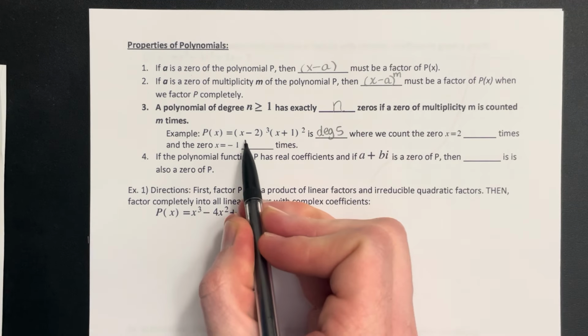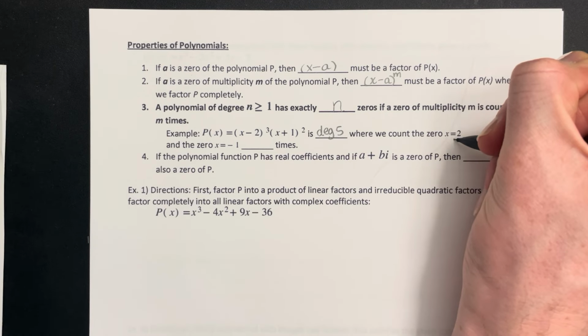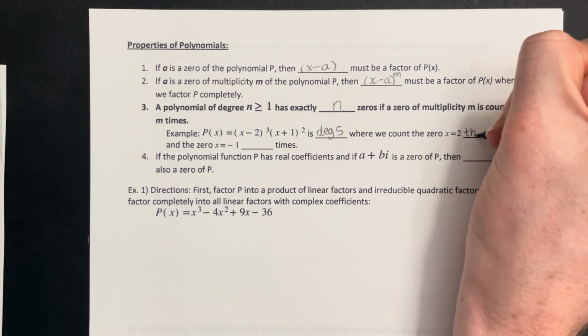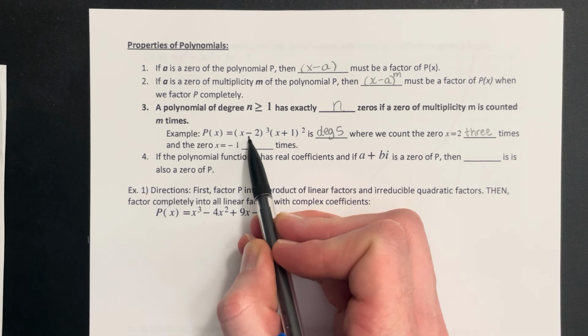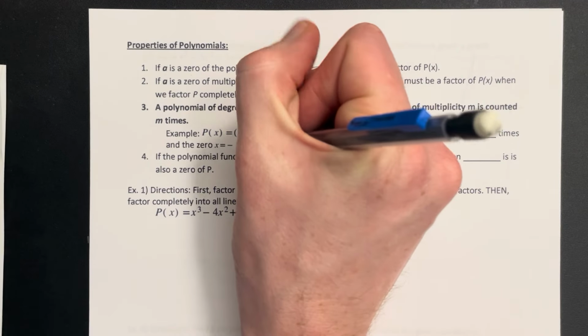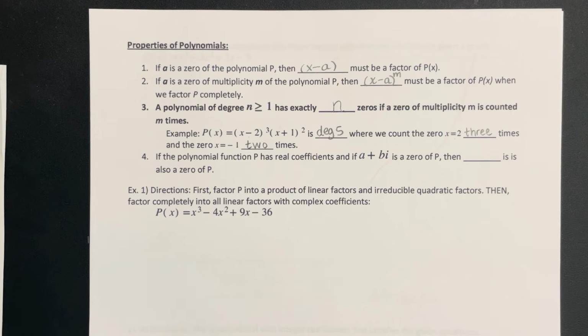If we were to expand this all the way out into standard form, that leading term would be x to the 5th power. It is degree 5, and it has a zero at x equals 2, and this happens 3 times. That's because that's a multiplicity of 3. The zero at negative 1 is counted 2 times because it has a multiplicity of 2.